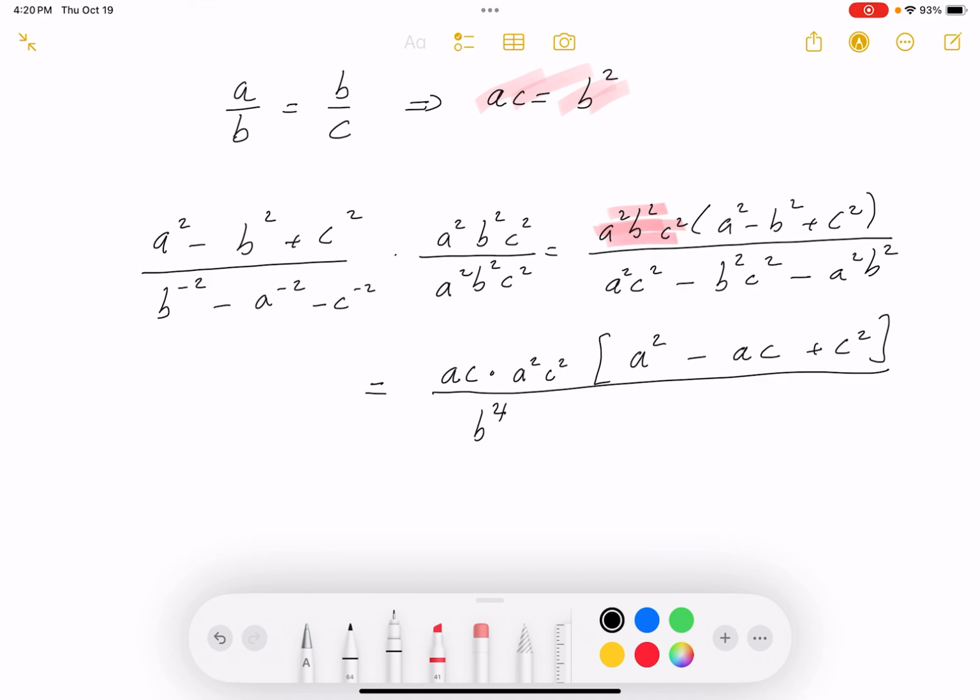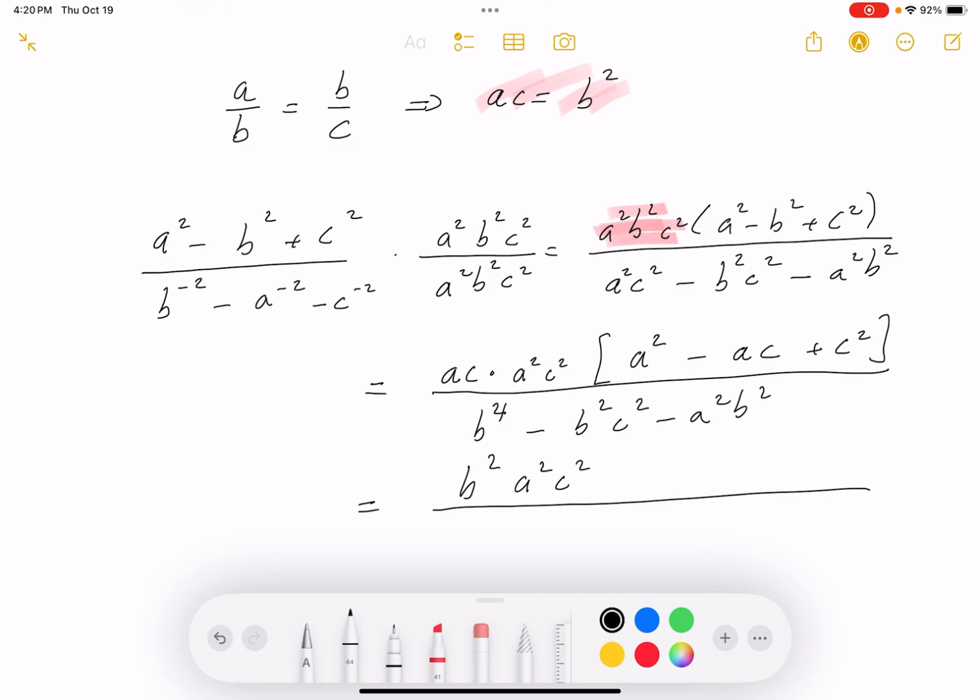So A squared C squared is B to the fourth minus B squared C squared minus A squared B squared. All right, let's keep looking. I am going to now write this as B squared, A squared, C squared. A squared C squared is just B to the fourth, right?